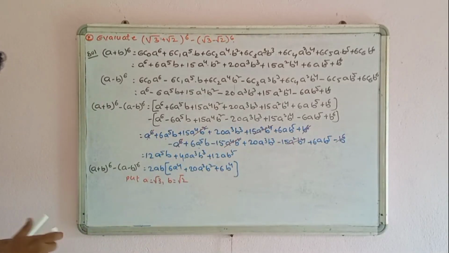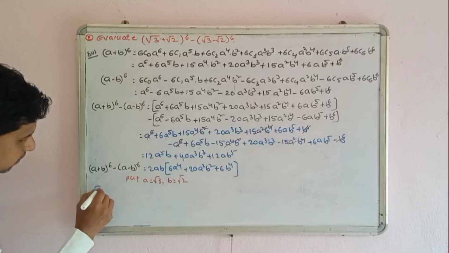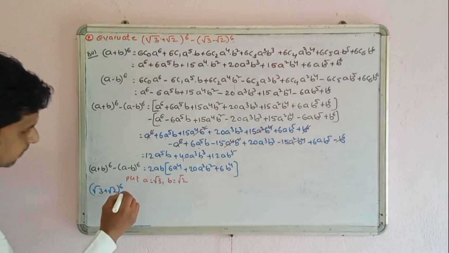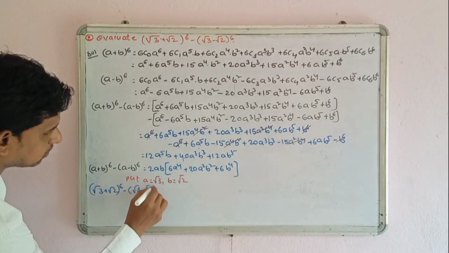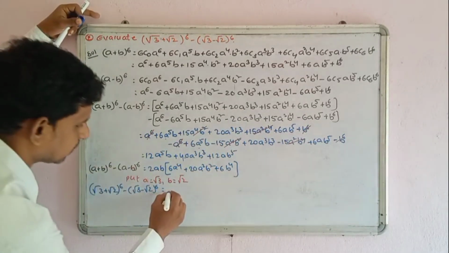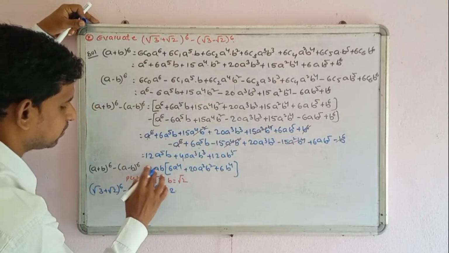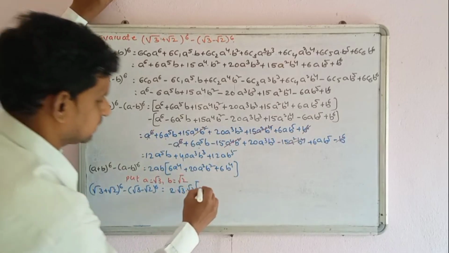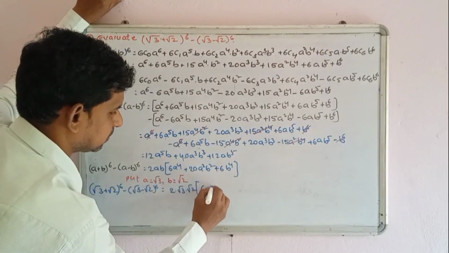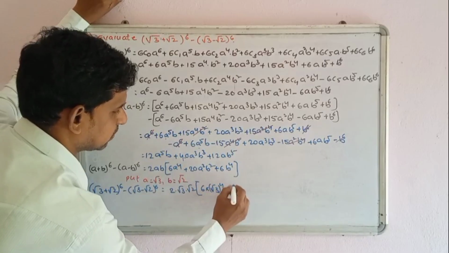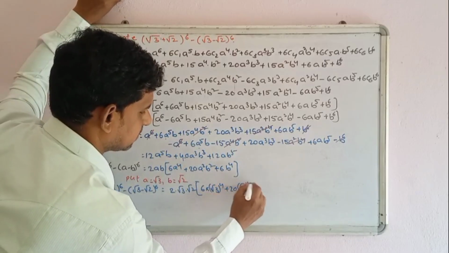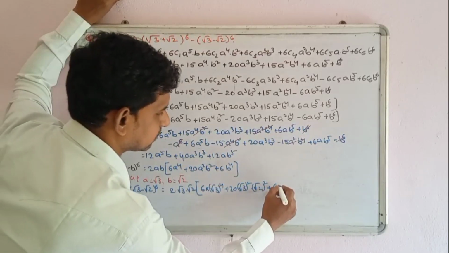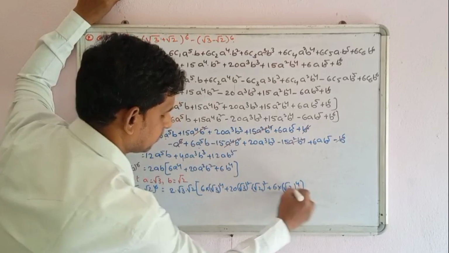So (root 3 plus root 2) whole power 6 minus (root 3 minus root 2) whole power 6 equals, see, 2 times a into b, so 2 times root 3 times root 2, into 6 a power 4, so 6 into root 3 power 4, plus 20 a square, root 3 square, b square, root 2 square, plus 6 b power 4, b is root 2 power 4.